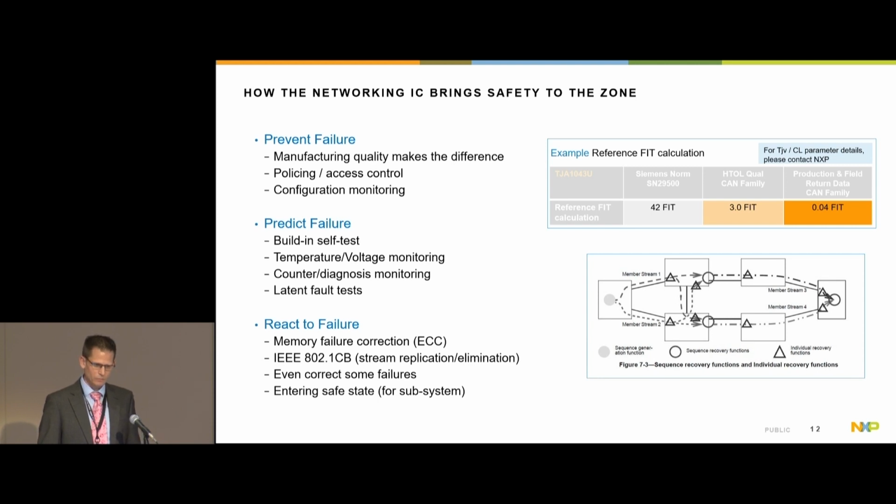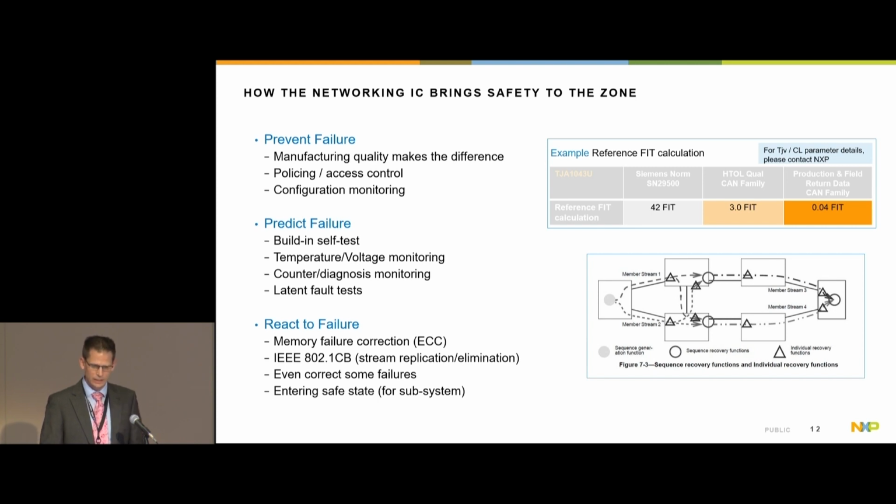For the prediction of the failure, you might have a built-in self-test to already find failures during startup, some monitoring, and you can or should have latent fault tests which allow you to detect that certain mechanisms you have in your products, if they are not working, so that you know if your safety features will really kick in if they are needed.